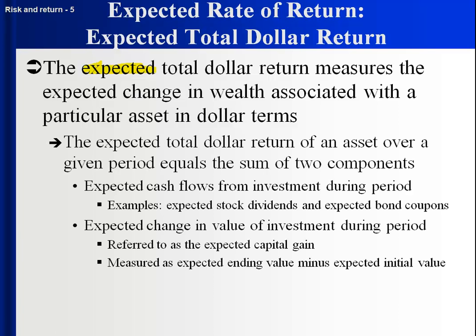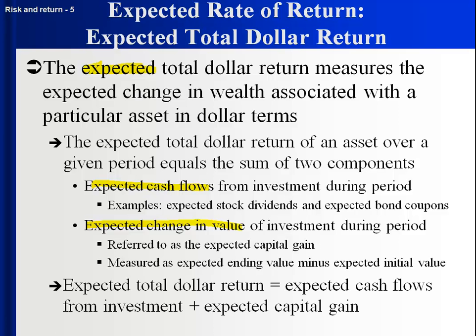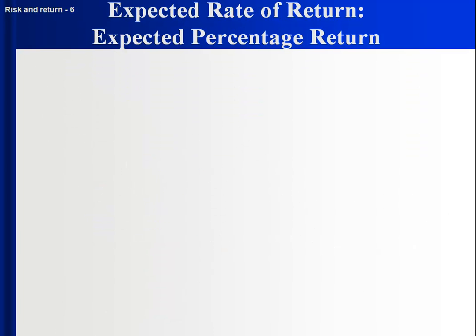So the expected total dollar return is the sum of the expected cash flows plus the expected change in the value. That gives us the expected total dollar return. So we may not know what the dividend, let's say, is going to be because it's going to be paid sometime in the future. What do we expect it to be? We don't know what the change in the value is going to be with certainty. What do we expect it to be? And that's the expected total dollar return.